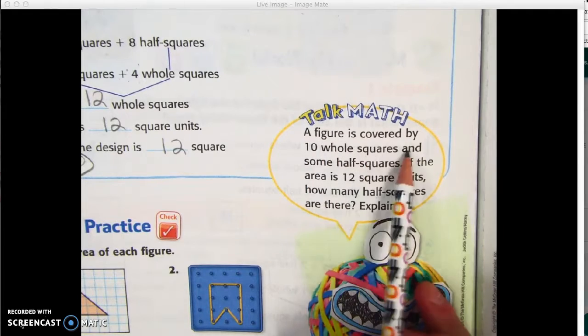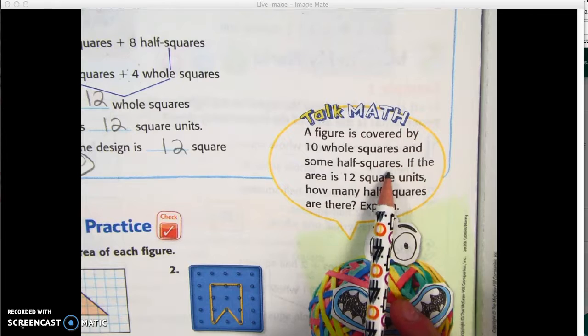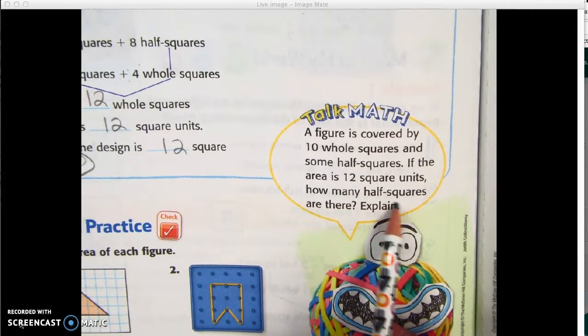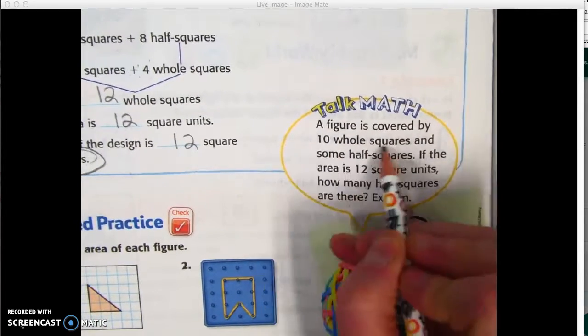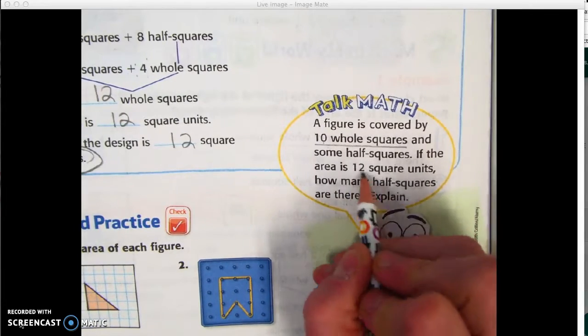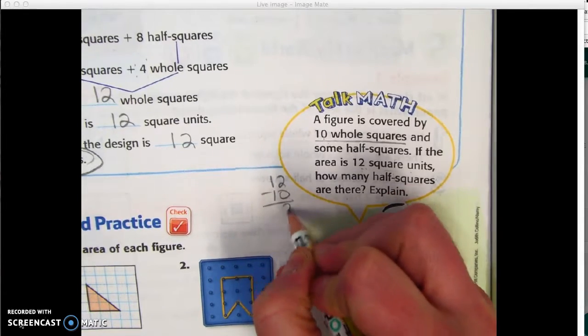A figure is covered by 10 whole squares and some half squares. If the area is 12 square units, how many half squares are there? Explain. So I know that there were 10 whole squares. I'm going to take away the 10 whole squares from 12. 12 minus 10 equals 2.